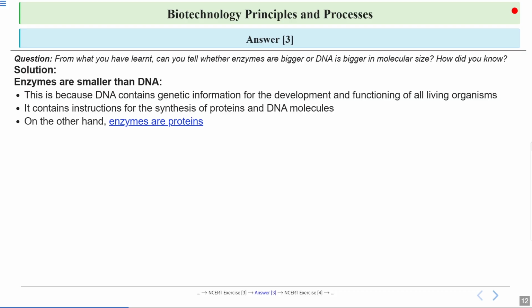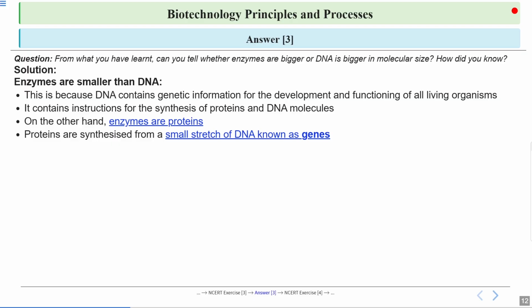On the other hand, enzymes are proteins. What is the chemical nature of enzyme? The enzymes are made up of protein, right? And proteins are synthesized from small stretches of DNA known as genes. There are so many proteins present in our body. I can take an example, suppose alpha amylase.